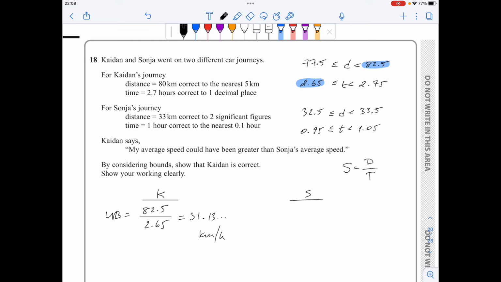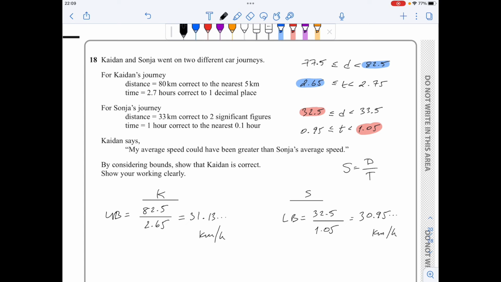And for Sonia, to find the lower bound, I'll need a low value for the distance over a large value of time. Hence, 32.5 over 1.05 will give me 30.95 and so on kilometers per hour.